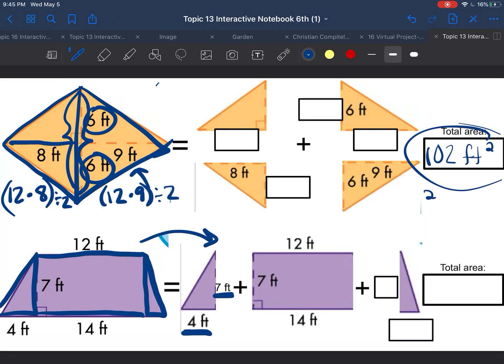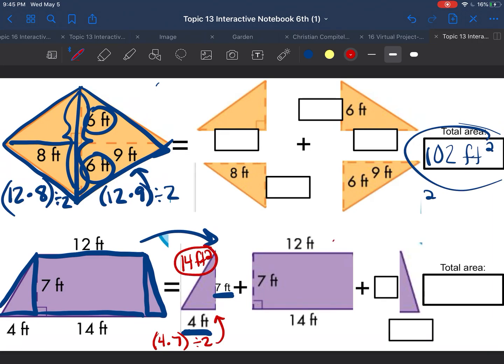So that is 4 times 7, and then divide by 2 for the area of that. 4 times 7 is 28. 28 divided by 2 is 14 feet squared for the area of that triangle.